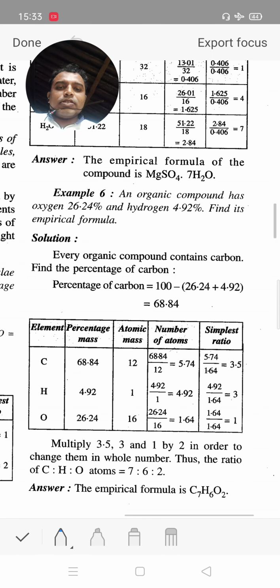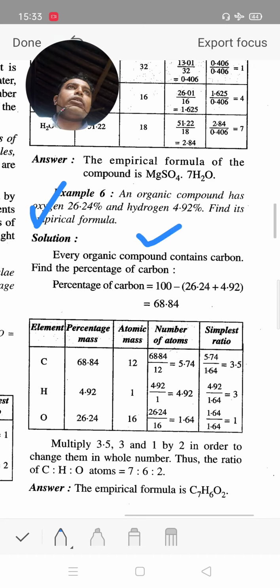Now next question: an organic compound, oxygen percentage 26.24% and hydrogen 4.92%. Suppose their percentage is not 100%. We know an organic compound mainly has carbon, hydrogen and oxygen.